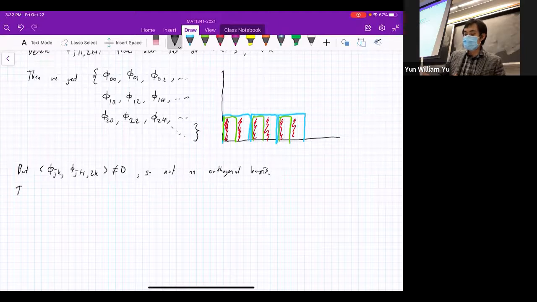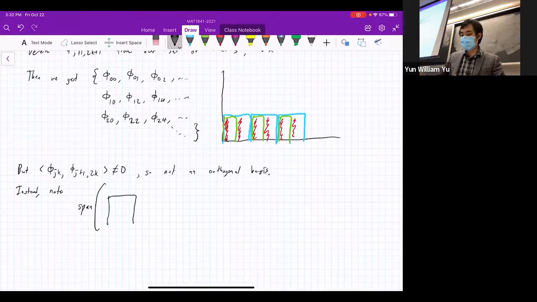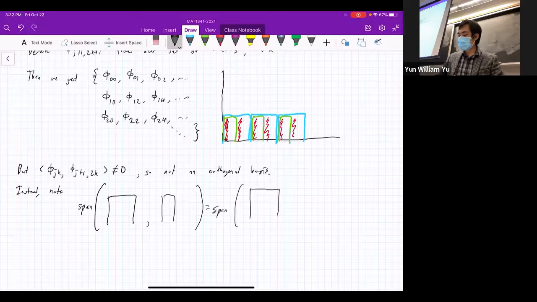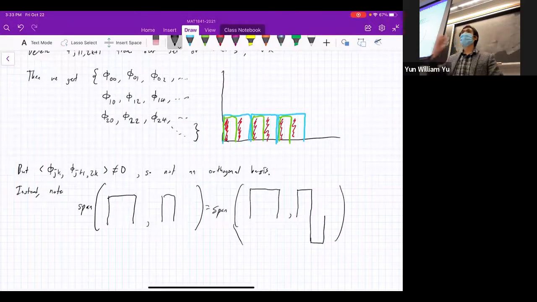So instead, note that the span of, and I'm just going to draw this pictorially, the span of this thing and this thing, which are not orthogonal, is equal to the span of the first one left unchanged, and the second one being that thing. And this is basically where we get wavelets from.